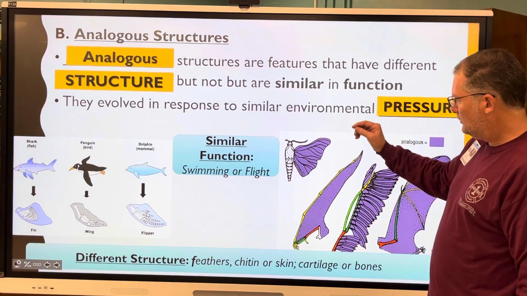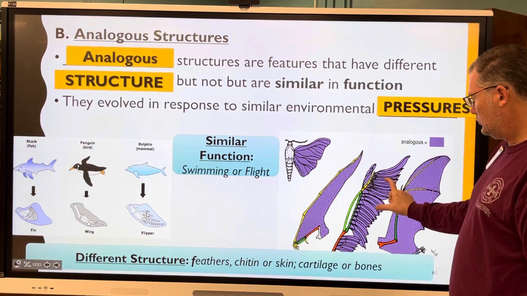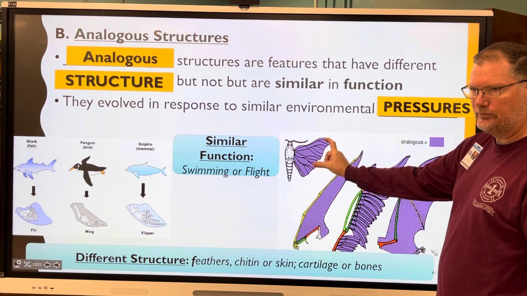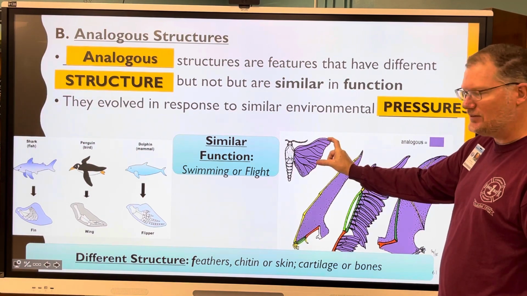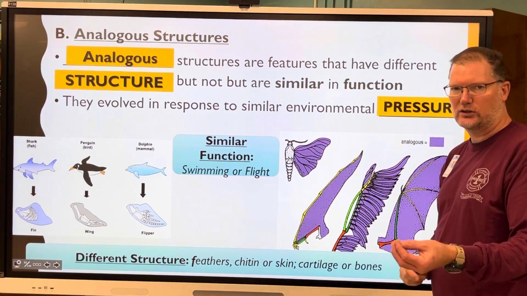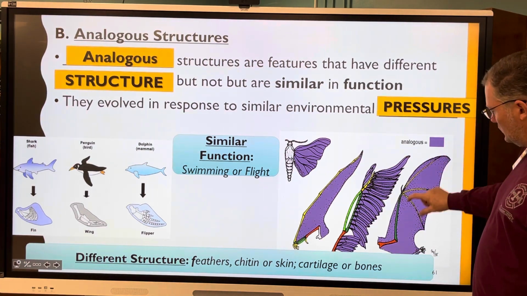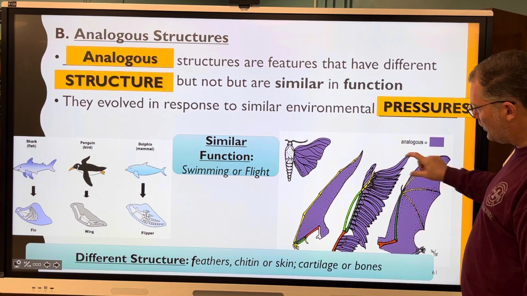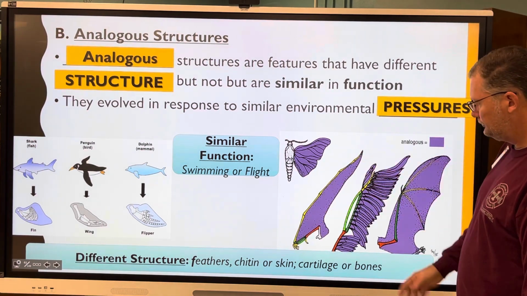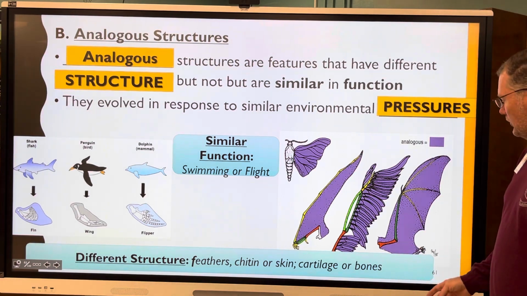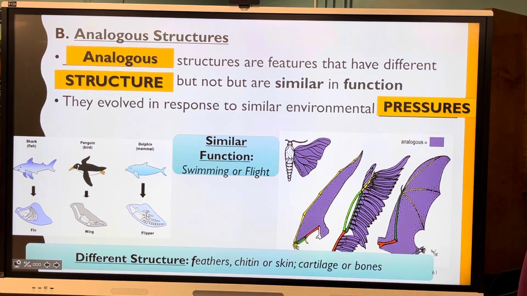Here you've got feathers in a bird, chitin in an insect. Any insect wing is made out of that protein called chitin. Skin over a bat or a pterodactyl. And then you've got cartilage versus bones as well.